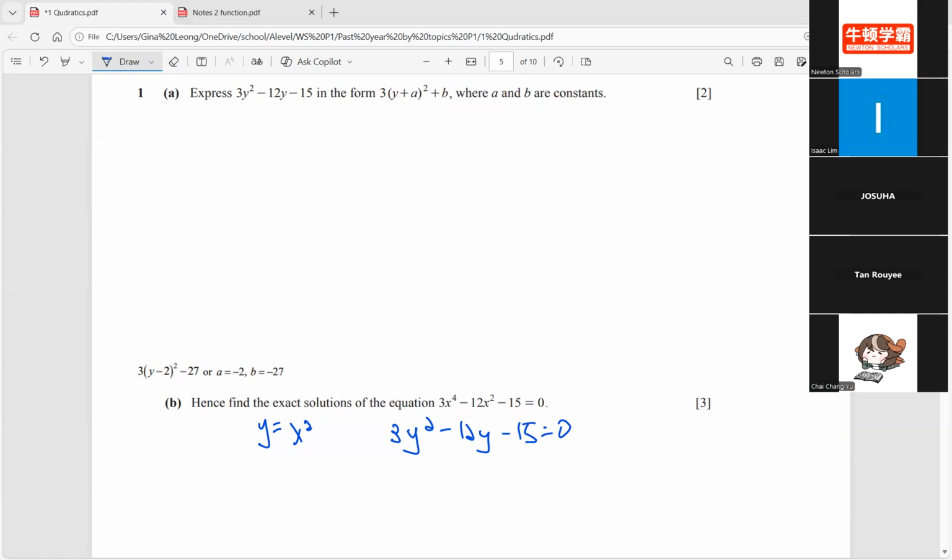Actually, we will try to finish the chapter 1 past year today. And then after that, we will try to cover some of the chapter 2, because usually the school will go very fast. Okay, I think you received, right?